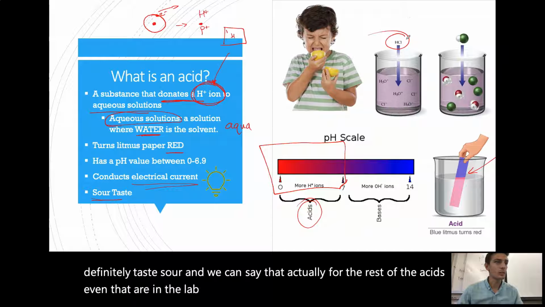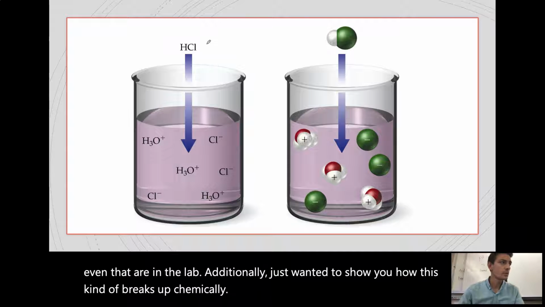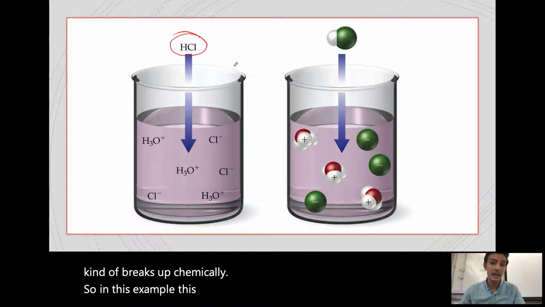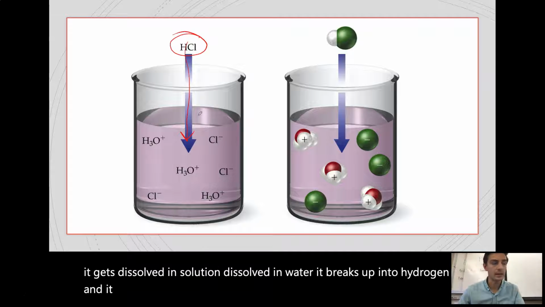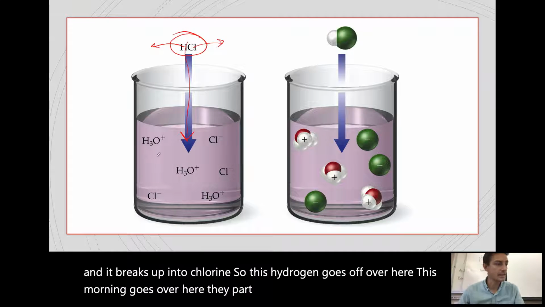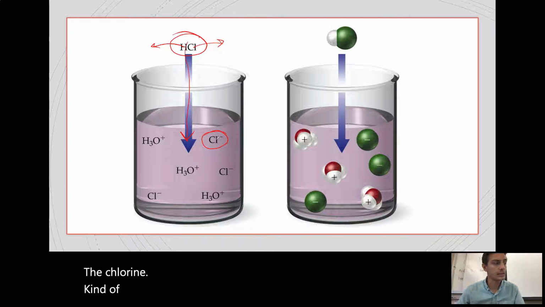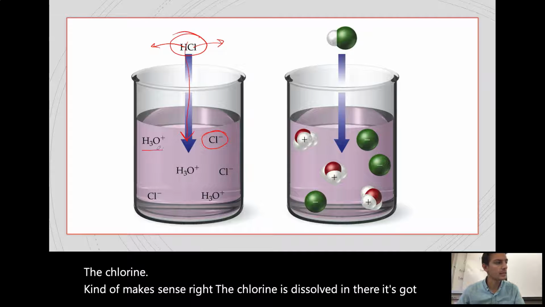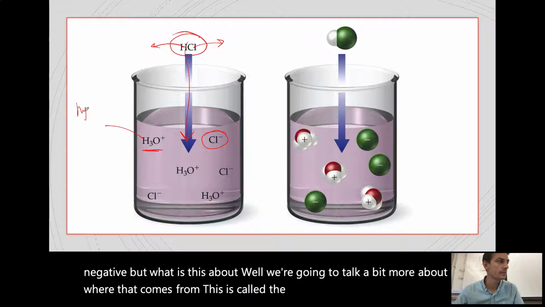Additionally, just wanted to show you how this kind of breaks up chemically. So in this example, this is hydrochloric acid, HCl, and hydrochloric acid, when it gets dissolved in solution, dissolved in water, it breaks up into hydrogen and it breaks up into chlorine. So this hydrogen goes off over here, this chlorine goes over here, they part ways, and as they dissolve into water, the chlorine kind of makes sense, right? The chlorine is dissolved in there. It's got that negative. But what is this about? Well, we're going to talk a bit more about where that comes from. This is called a hydronium ion.